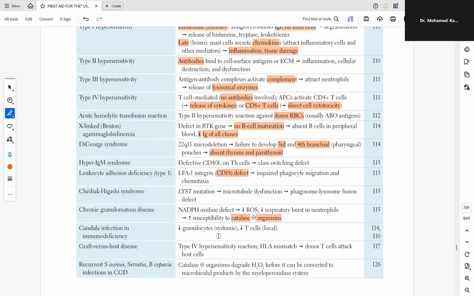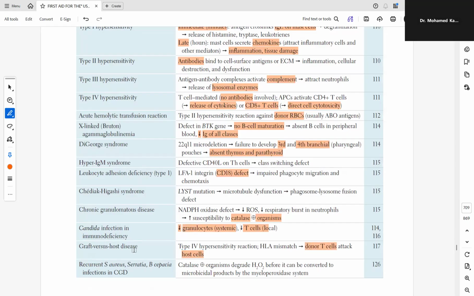Candida infection in immunodeficiency: reduced granulocytes, this is systemic, reduced T cell, local. Graft versus host disease: type 4 hypersensitivity reaction, HLA mismatch, donor T cells attack host cells.